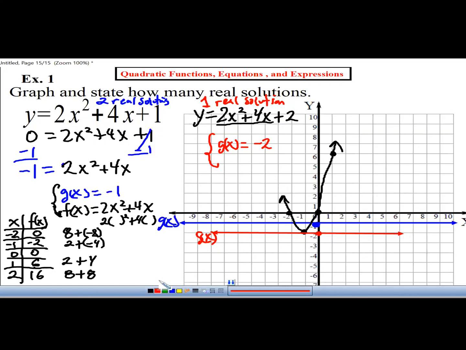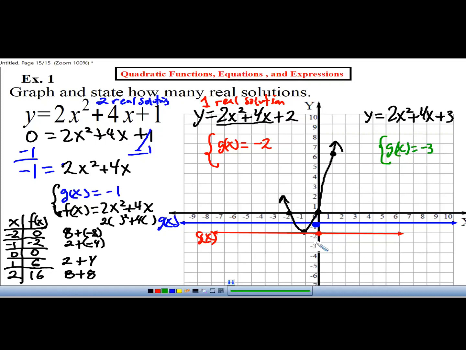Here we go. What if I gave you the equation y equals 2x squared plus 4x plus 3? Who can give me the g of x for that one? -3, that is correct. So we write g of x equals -3.